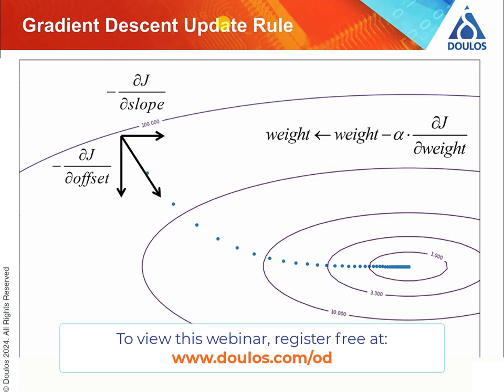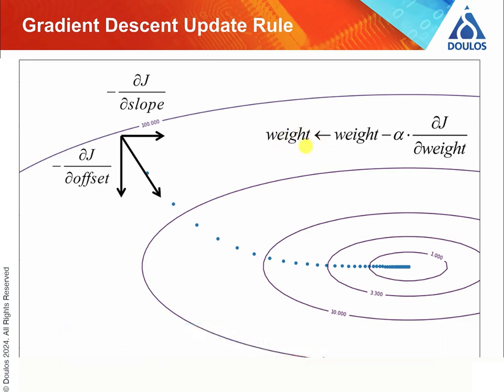So this is the gradient descent update rule. On each gradient descent step, for each individual trainable parameter, each weight and bias, we're taking the old value of the weight and adjusting it a little bit, tweaking it a little bit, by taking the gradient, the slope at that point on the landscape with respect to that particular parameter, and then multiplying it by alpha, which is a learning rate.